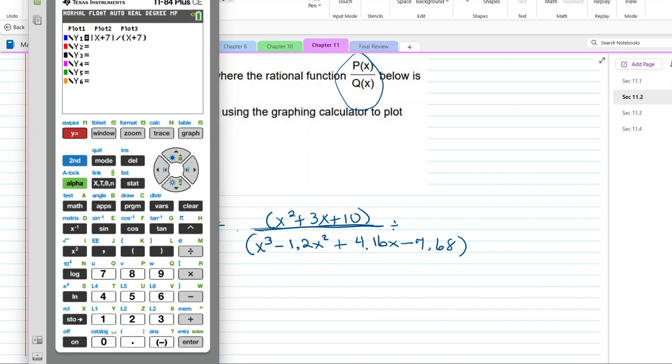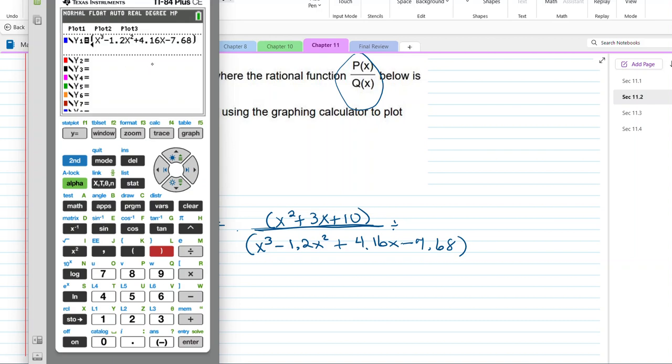I'm going to clear that, go y equals, clear that, and enter parenthesis x squared plus 3x plus 10, close parenthesis, divided by open parenthesis, x up caret 3, then side arrow to bring it down, minus 1.2 x squared plus 4.16 x minus 7.68, close parenthesis.